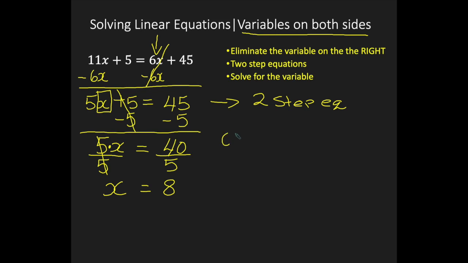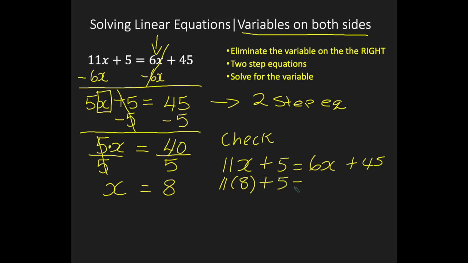Again, if you need to check your answer, we're just going to do a little bit of plug and chug. 11x plus 5 equals 6x plus 45. Wherever I see x, I replace it by its numerical value, which is 8. I'm going to chug using order of operations. Multiplication is first.